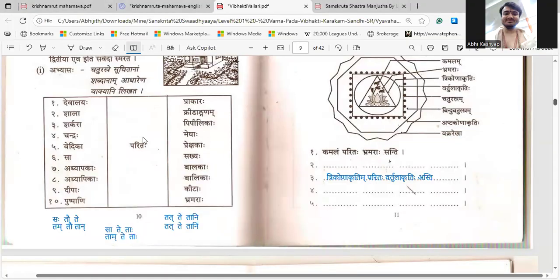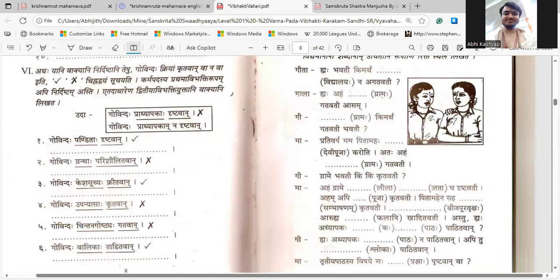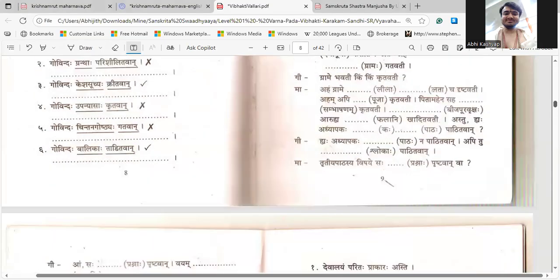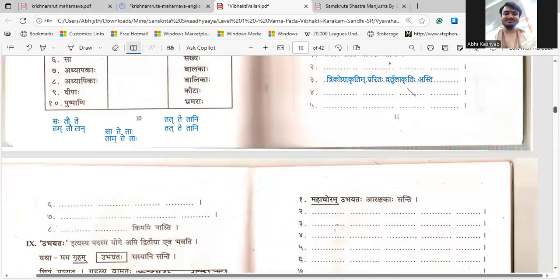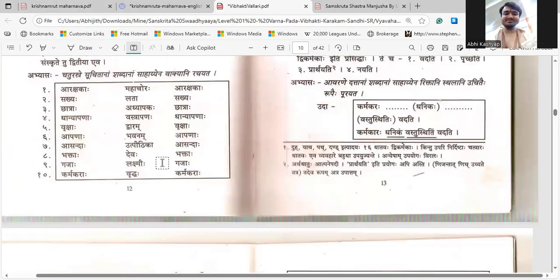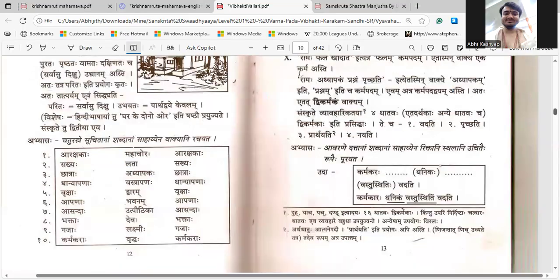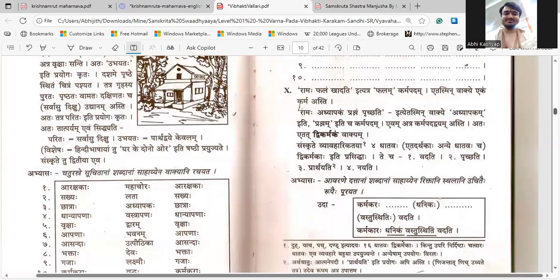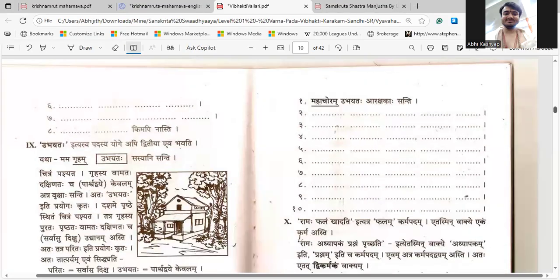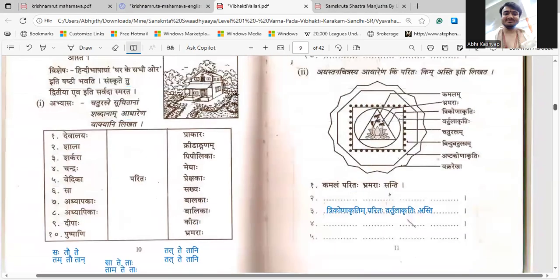So we did Paritaha. Paritaha means surrounding. So something that is in between and something that surrounds it, whatever is in between, that word will be in Dvitiya Vibhakti. In that picture, we see that the house is in between and then the garden is surrounding it.